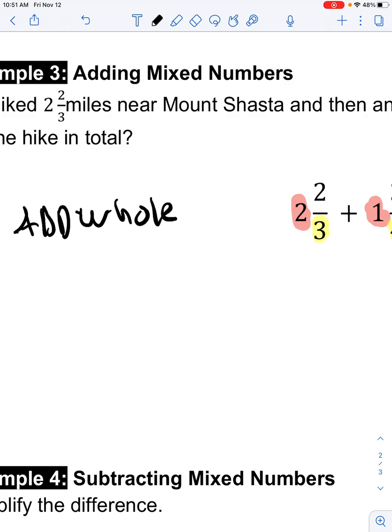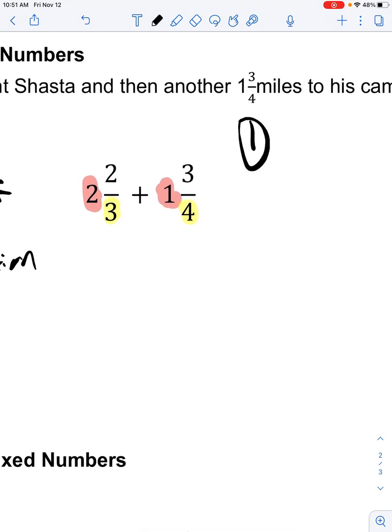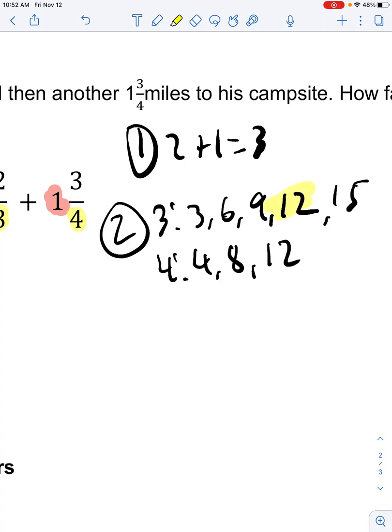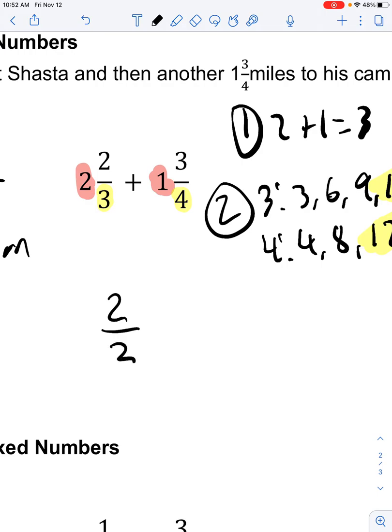To start, I'm going to add my whole numbers. That's step 1, and then step 2 is add the fractions. So step 1, the whole numbers 2 plus 1, I'm going to get 3. Step 2, I have to find out what is common. So we have 3, 6, 9, 12, 15, and 4, 8, 12.